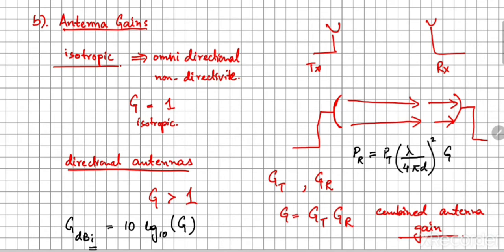The i here denotes that this is the antenna gain with respect to an isotropic antenna. The isotropic antenna will offer an antenna gain of 0 dBi because 10 log 10 of 1 is 0, and any number greater than 1 will lead to a positive gain. So the horn and parabolic antennas typically provide, for instance, an antenna gain of 20 dBi.